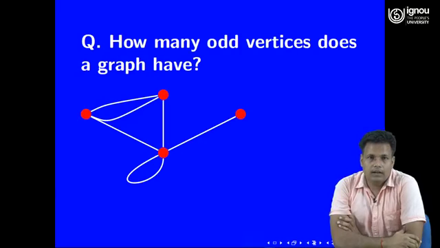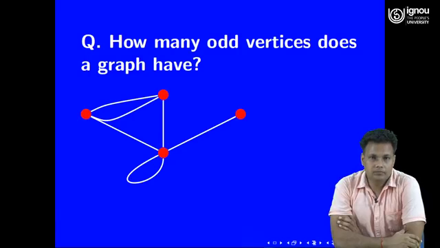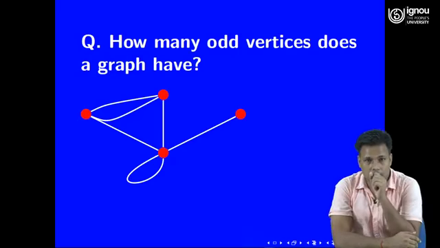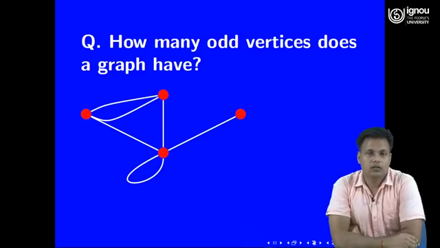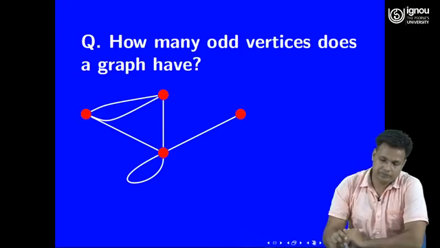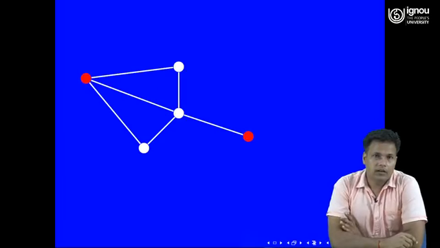Now the question arises, how many odd vertices does a graph have? And this is actually related to the handshaking lemma. In this graph we can see that there are 4 odd vertices. On the other hand, if you look at this graph, there are exactly 2 odd vertices.